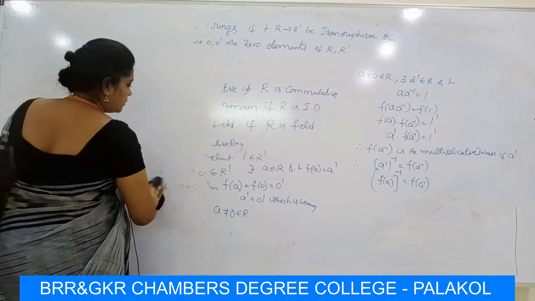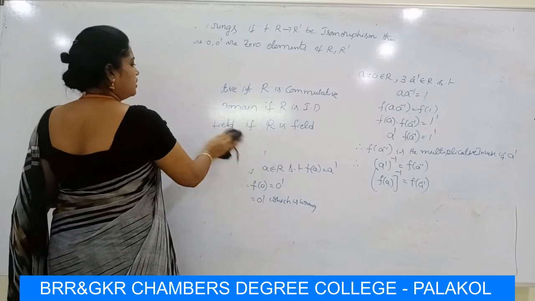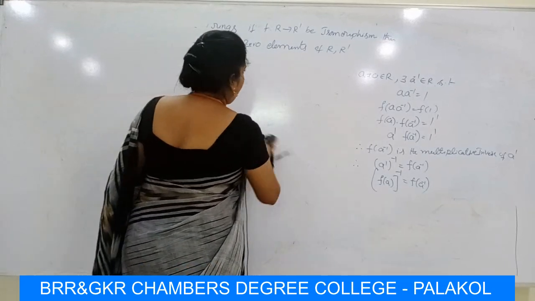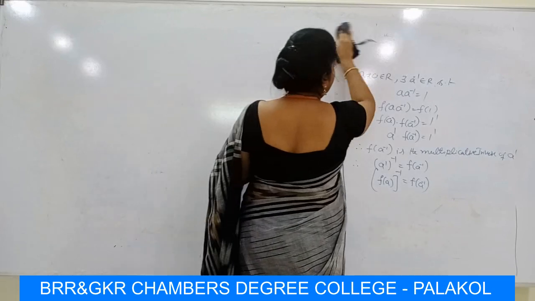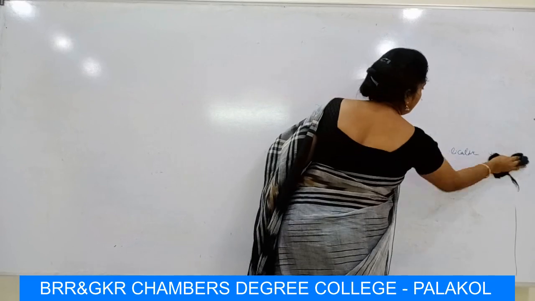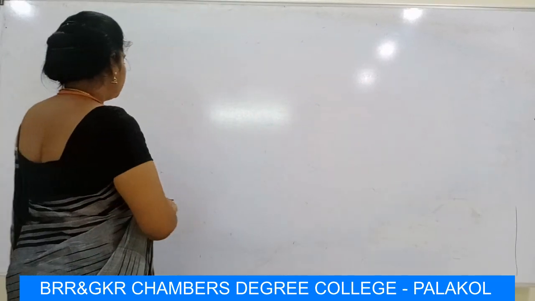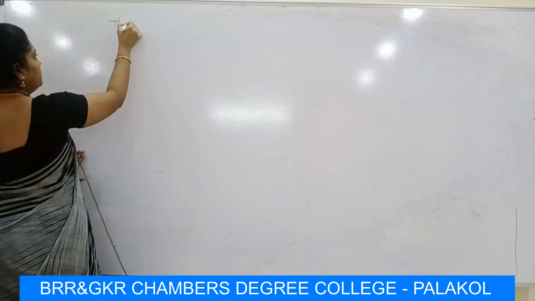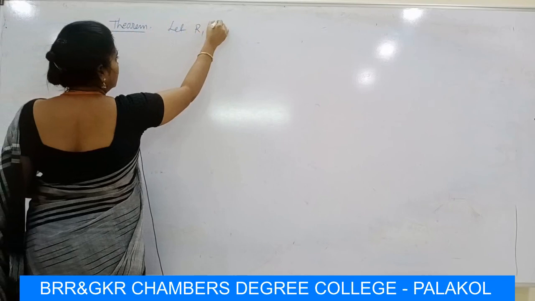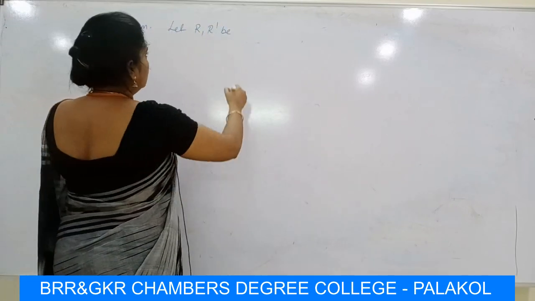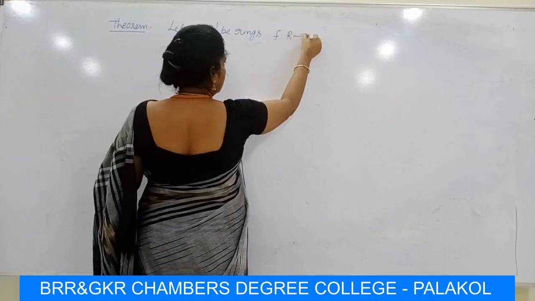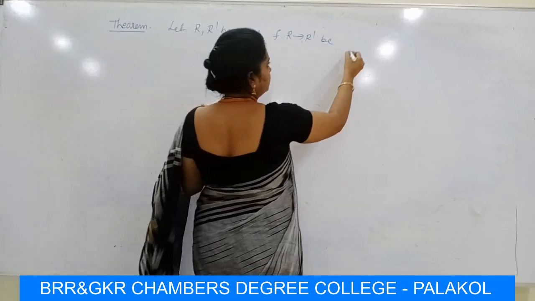Next, a theorem on ideals. Let R, R dash be two rings and let f from R to R dash be a homomorphism.